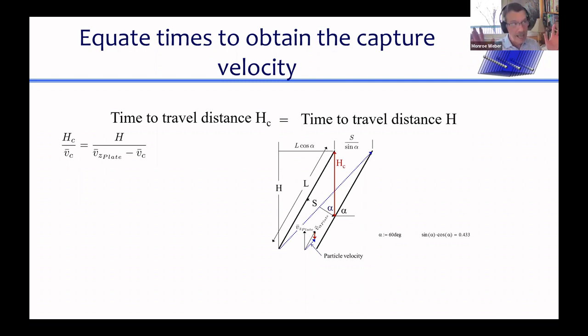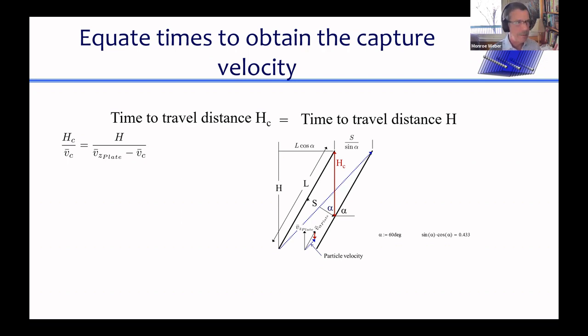Those times are the same because that's how long it took for this particle to get to where it landed on the lower plate. It travels a distance hc at its capture velocity. That's how far it had to settle to get between the two plates. It travels a different distance h at its net vertical velocity. And then we can do a bunch of substitutions.